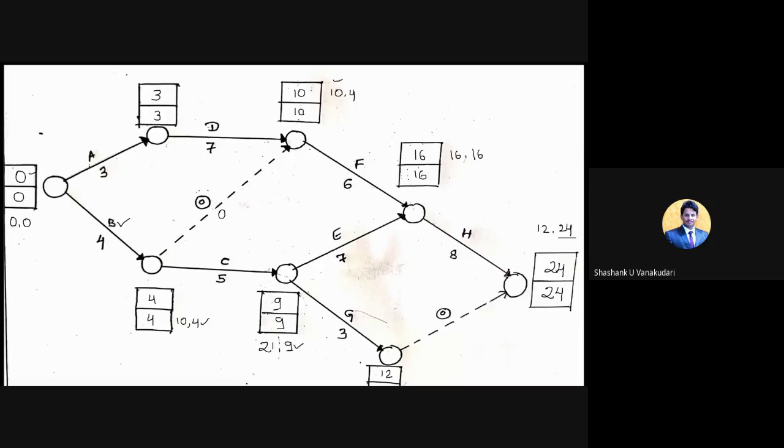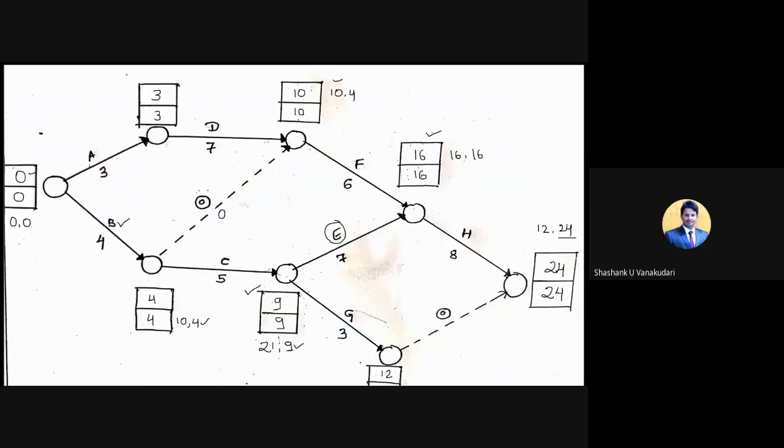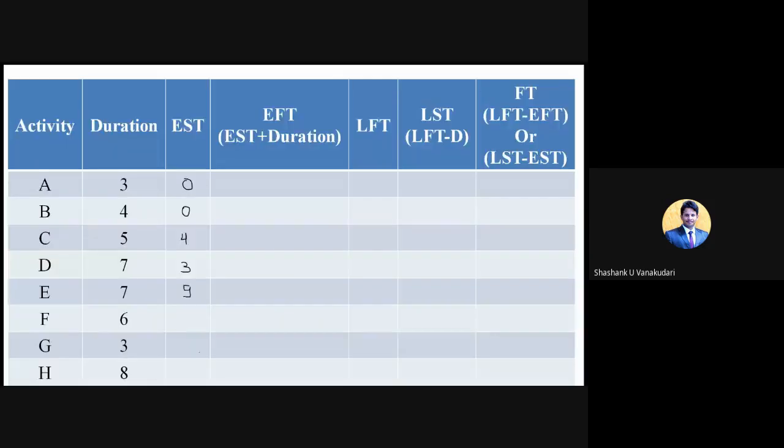This is E activity. We need to consider this box as well as this box. So 9 is the EST value. And next for F activity, 10 is the EST value, so I can write 10 here.